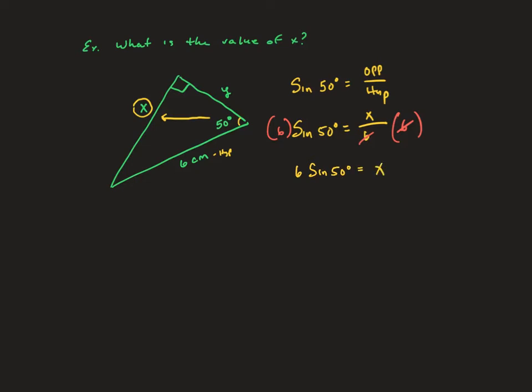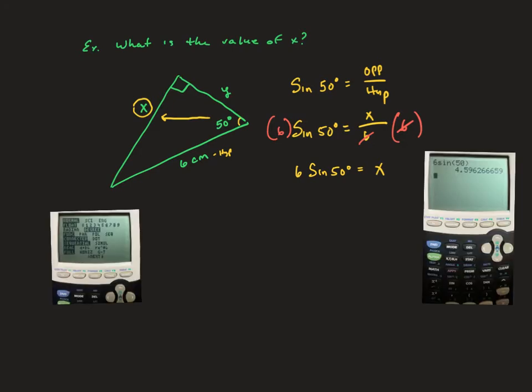I can plug this into the calculator, and you want to make sure that you are in degree mode, because you have two possible modes. If you go to mode, radian mode is something you'll use in different types of math and functions, but for now we want to be in degree mode because we are working with degrees.